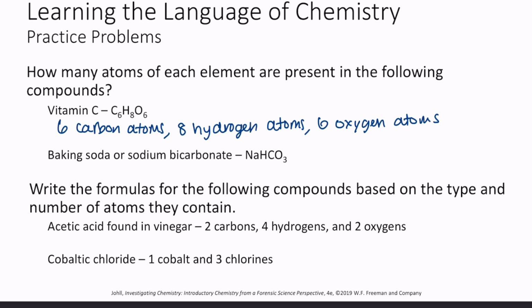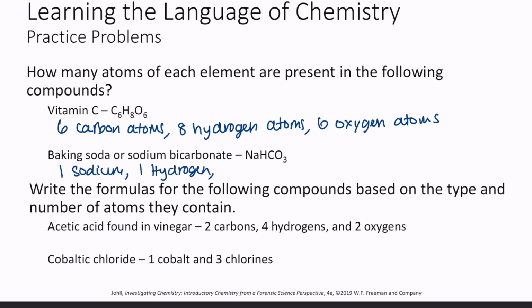Now, baking soda, which is also known as sodium bicarbonate, has NaHCO3. So I have 1 sodium. Remember, if there's not a subscript right here, that means there is 1. 1 sodium, no subscript for the hydrogen, so I know I have 1 hydrogen.